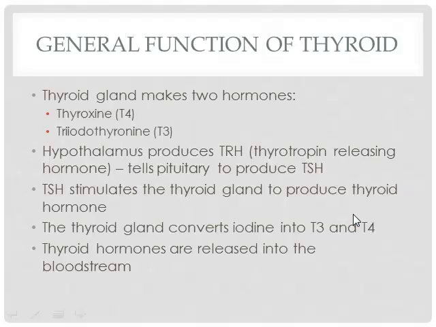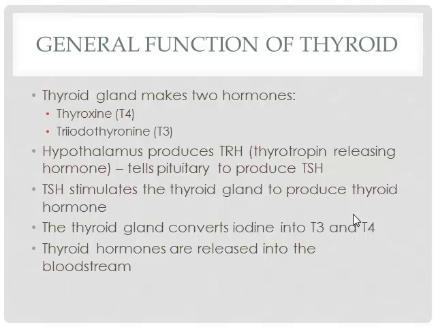Okay. So the general function of the thyroid is that the thyroid gland is going to make two hormones, thyroxine, which is T4, and triiodothyronine, T3. Sorry. The hypothalamus is going to produce thyrotropin-releasing hormone, or TRH.